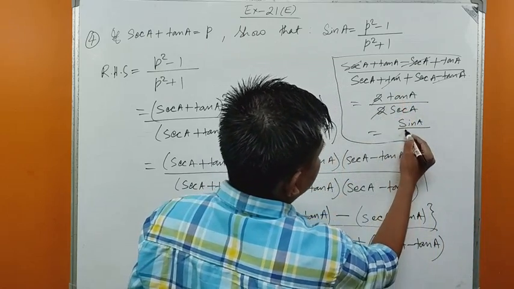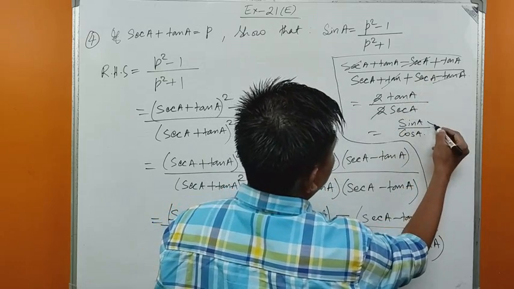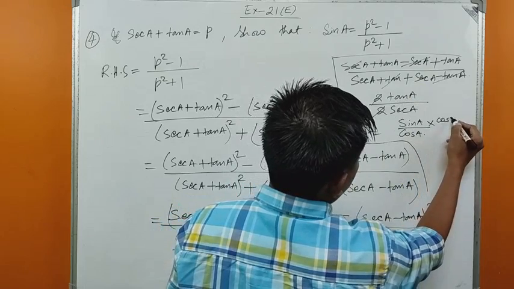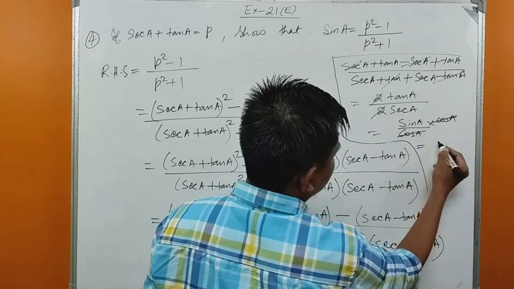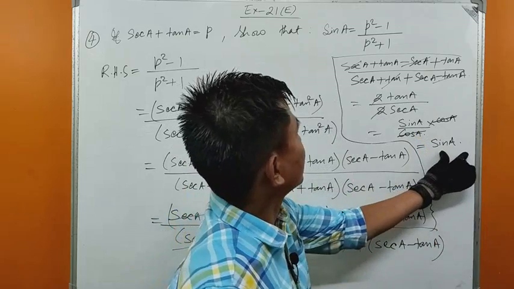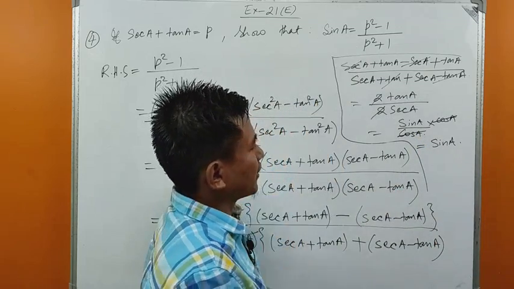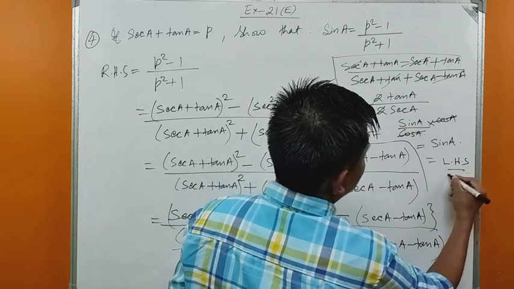So this sec A when goes to the numerator becomes cos A. Now this cos A and cos A can be cancelled. We have sin A left. So this is the answer, sin A, which is the left hand side. Hence this equals LHS, and it's proved.